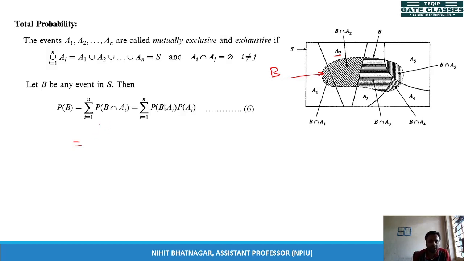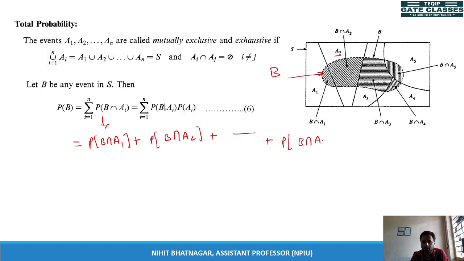So you can say here that the total value of B equals the probability of the joint probability of B and A1, plus the probability of event B, getting a gold medal, intersection the event A2, plus up to the probability of B intersection AN.